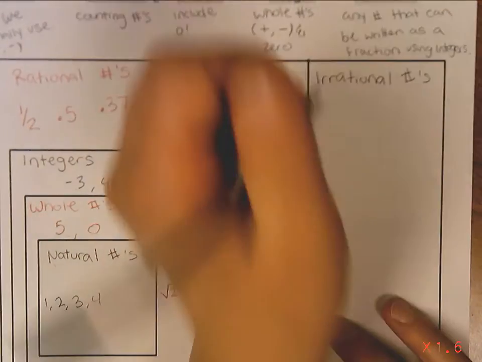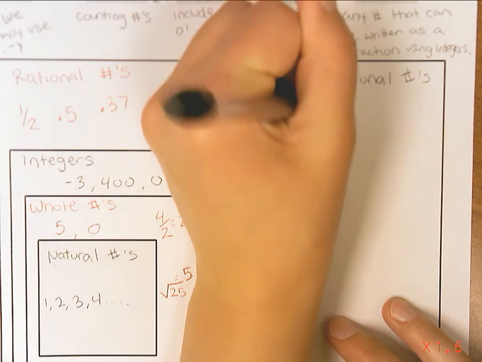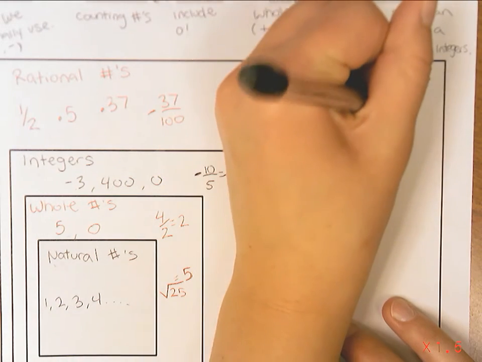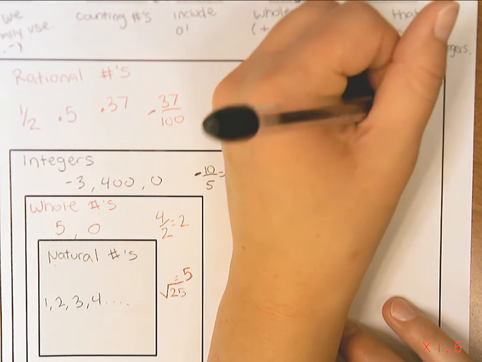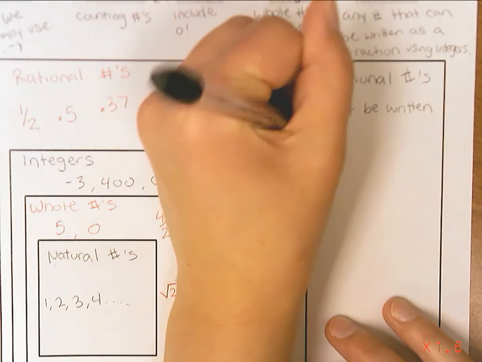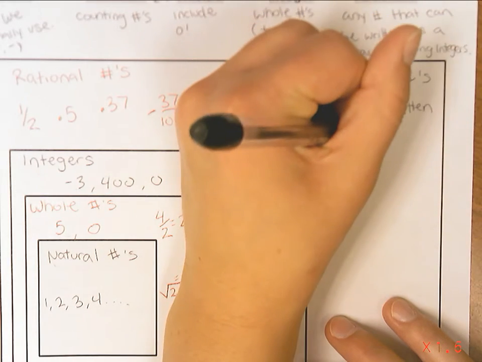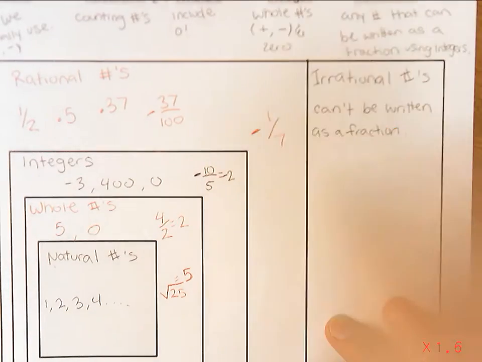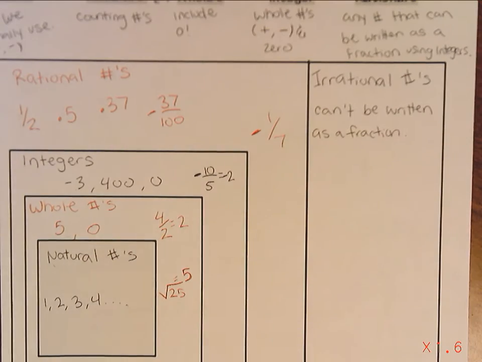An irrational number can't be written as a fraction. It also can't be divided by 2 integers, which means it can't be written as a fraction.